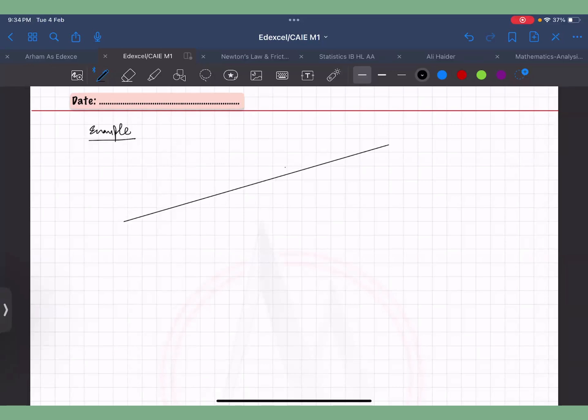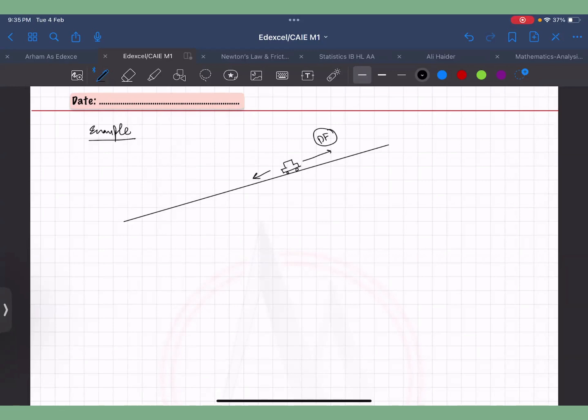Let's suppose this is a car. Not a very good drawing, but assume it is a car. The engine is exerting a driving force upwards. There is a force of friction acting on it.